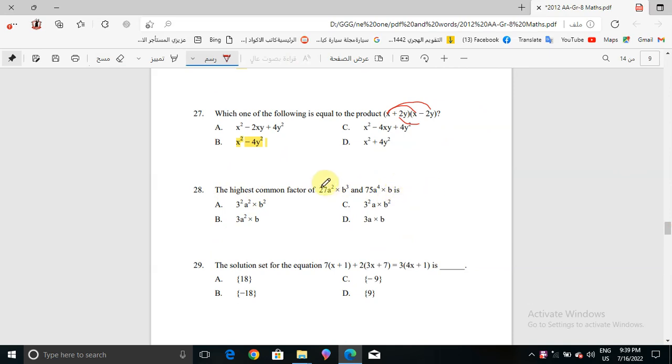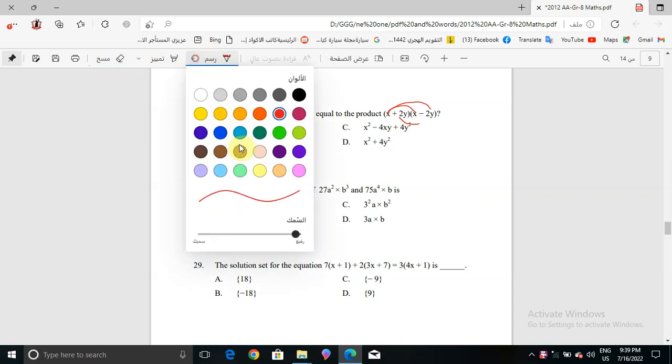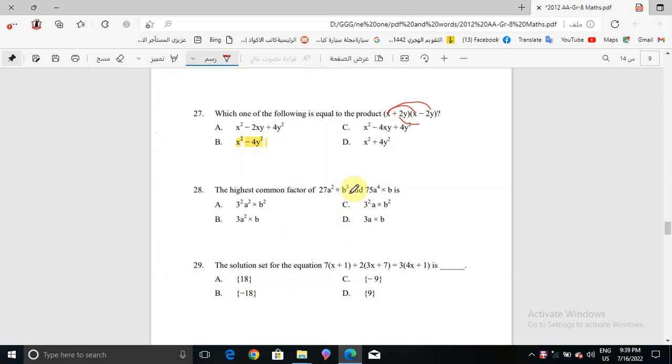So here, we have 27, which is 3 times 9, and here we have a squared, which is a times a, and in b we have b times b times b.